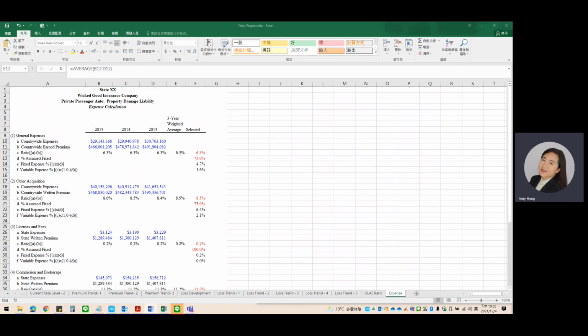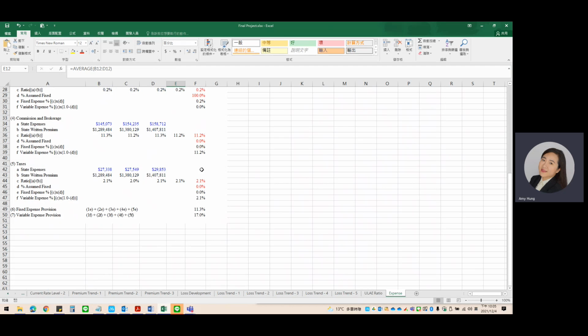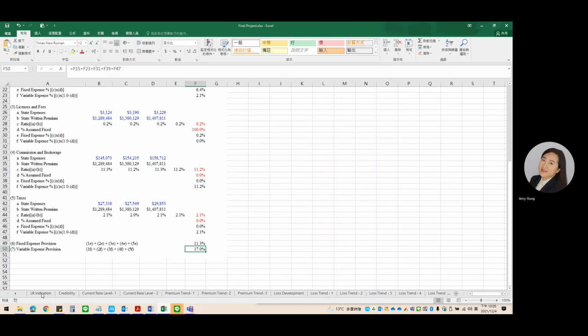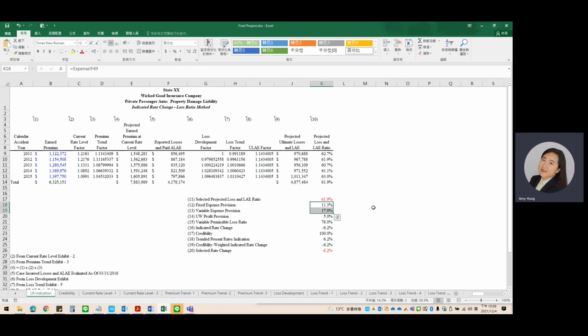By having those values selected, we can then obtain the fixed expense provision and variable provision. Those two numbers will be used in the loss ratio indication, which is here.